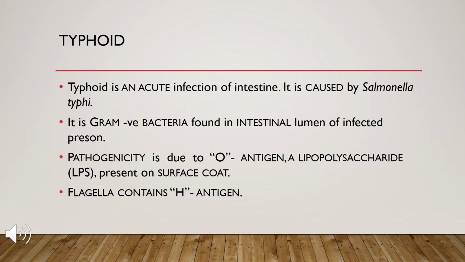It is a gram-negative bacteria found in the intestinal lumen of an infected person. Now, gram negative is a staining process which you will be studying in your higher classes. Based on the method of staining, bacteria are divided into gram positive and gram negative. Pathogenicity is due to O antigen, a lipopolysaccharide, that is LPS, present on the surface coat.